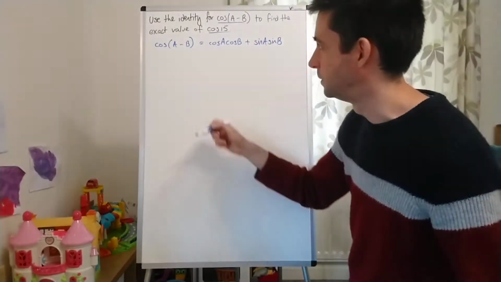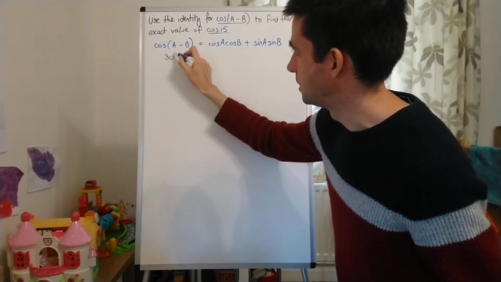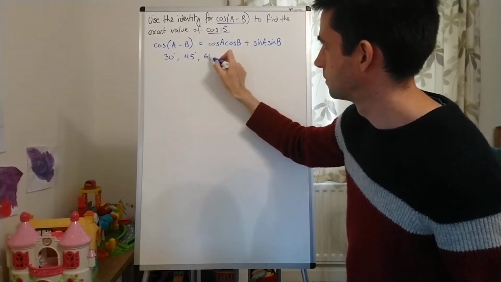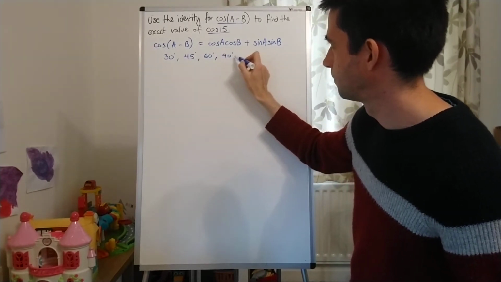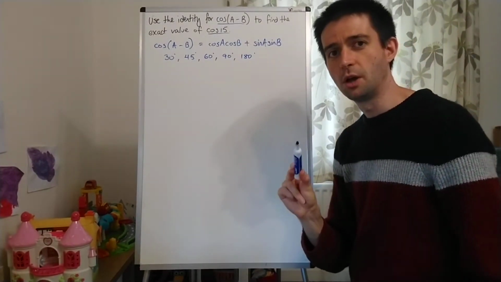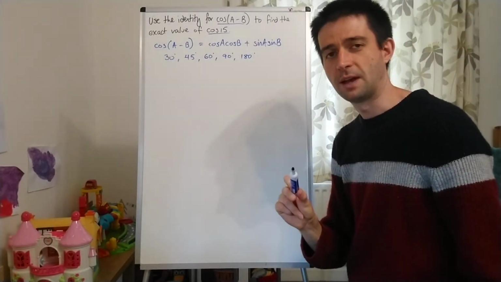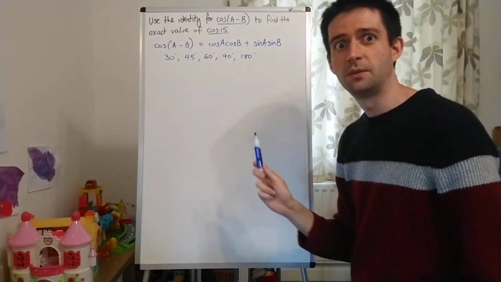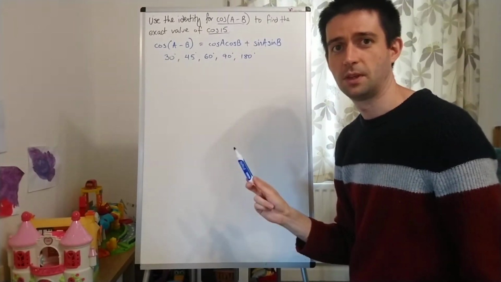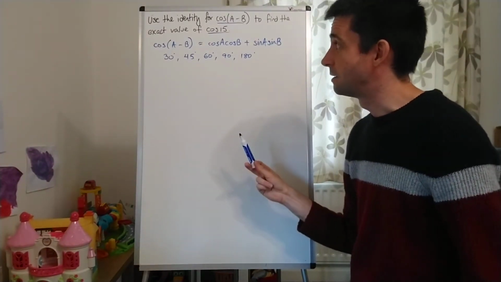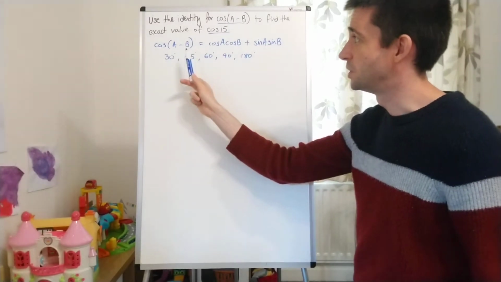Well, 0 obviously, but then the ones that we tend to know about are 30, 45, 60, 90 and 180. You should know without using a calculator the value of sine of each of those angles, cos of each of those angles and tan of each of those angles. So we actually have two choices here for a difference of 15.